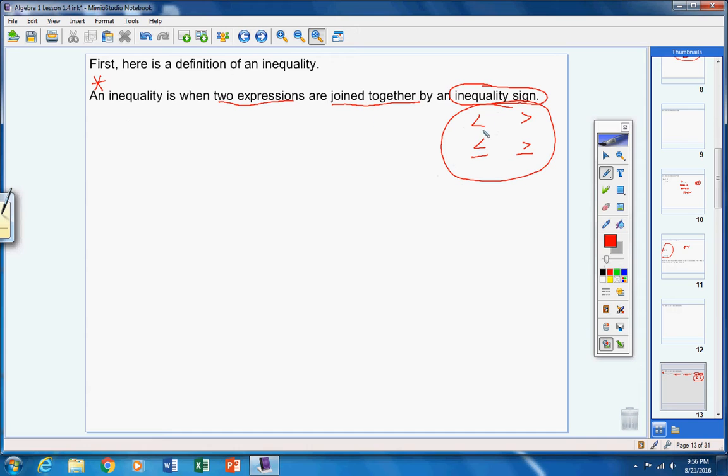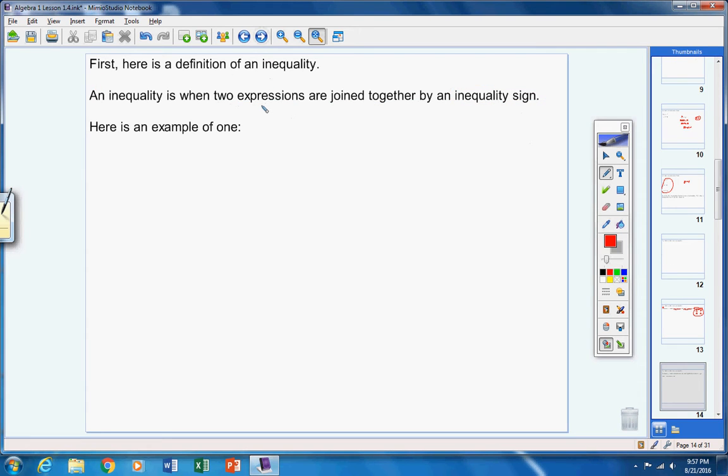So please copy this in your notes. An inequality is when two expressions are joined together by an inequality symbol. Alright? That's an inequality. Here is an example of one. Please copy this in your notes. There. That is not an equation because we do not have an equal sign here.